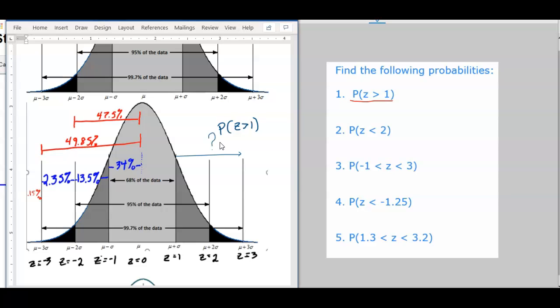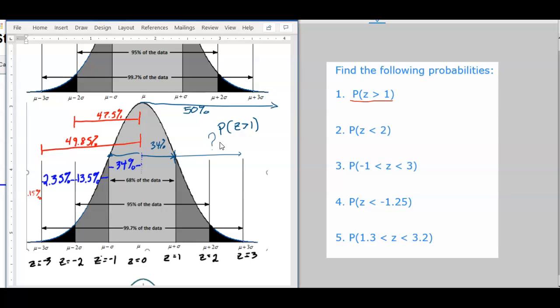And keep in mind that we do know that this normal curve is symmetric, so that's 50% of the data. 50% of the z-scores should be to the right of the mean. And it tells us that if this is 34% going in this direction, it should also be 34% going in this direction. So that 34% corresponds with that z-score of 1.